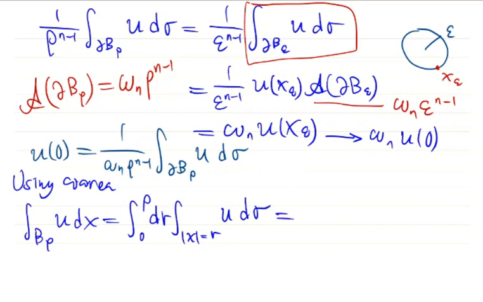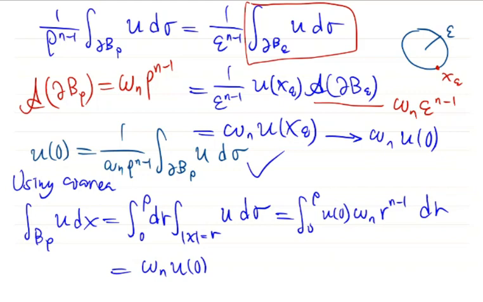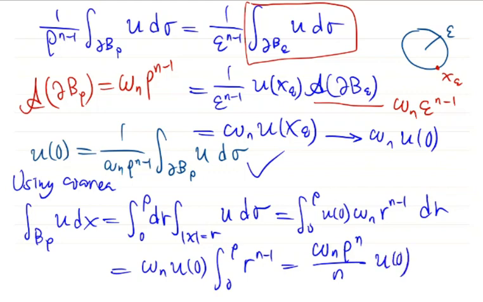But by the result we just proved, this is the integral from 0 to rho of u(0) omega_n r^(n-1) dr. Then this is omega_n u(0) times the integral from 0 to rho of r^(n-1), so this is omega_n rho^n over n times u(0). Dividing on both sides, you obtain the equality we want to prove.